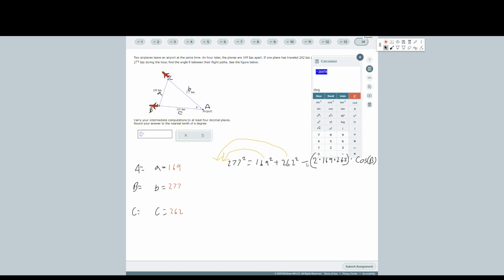And then we're going to divide that number by negative 2 times 169 times 262, giving us 0.231. And all we're doing is dividing it by what's in these parentheses so that we can free up the cosine. And so we have that number equals the cosine of B.